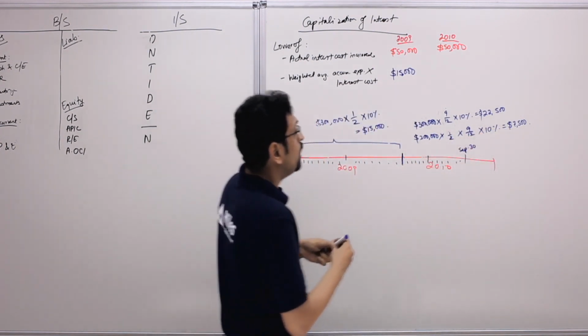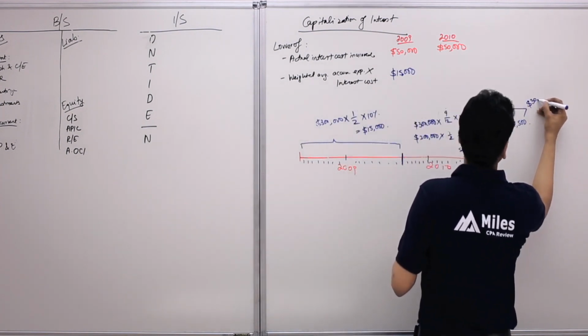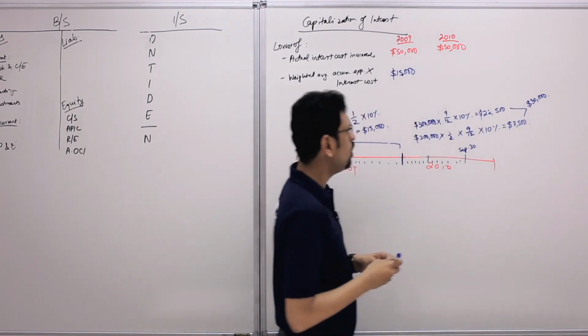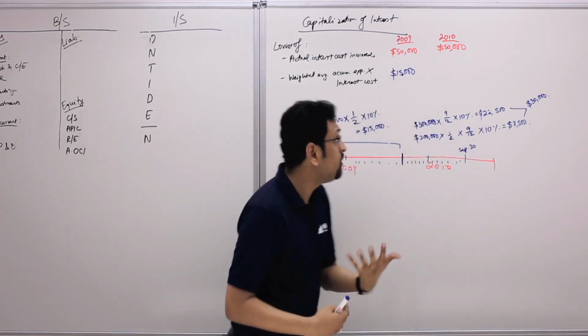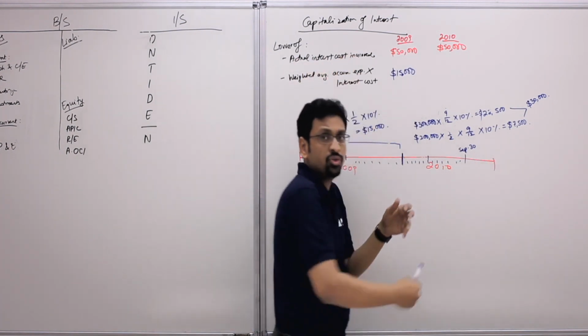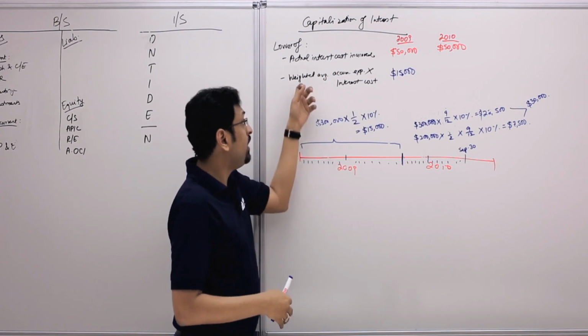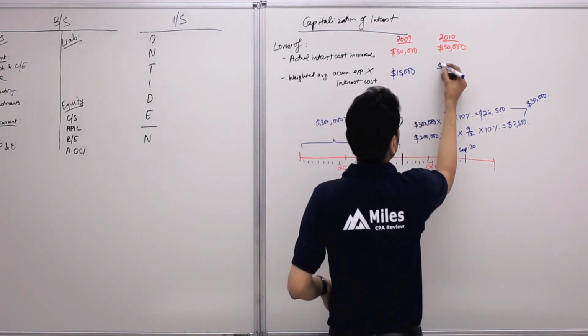So $22,500 plus $7,500 makes $30,000. For 2010, the actual interest cost incurred is $50,000, but the weighted average accumulated expenditure times interest rate is $30,000.